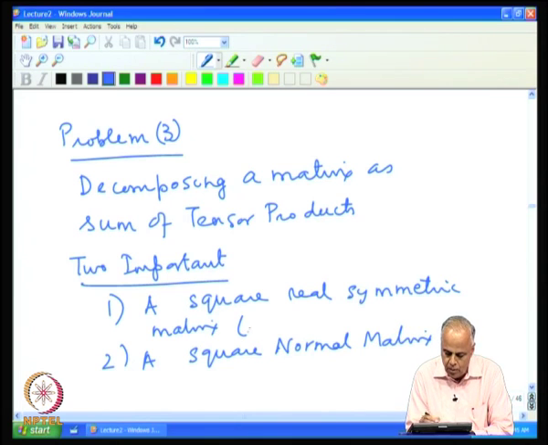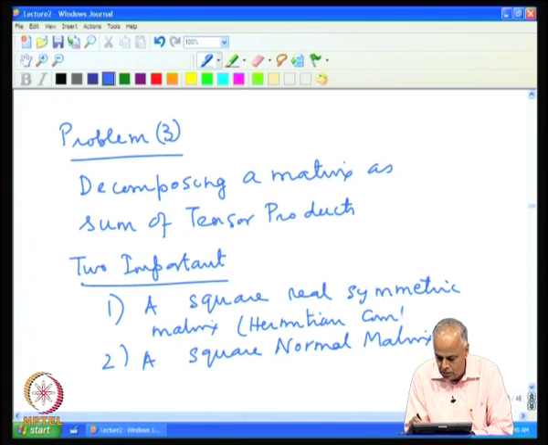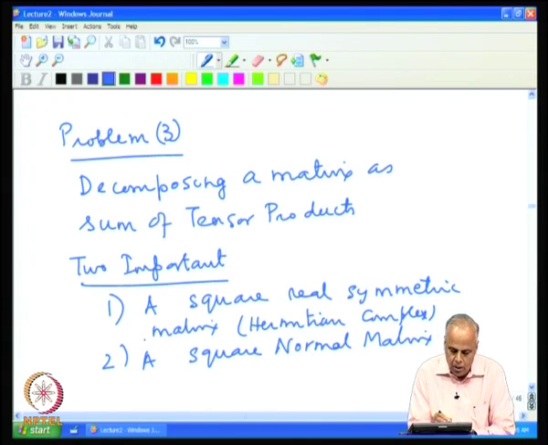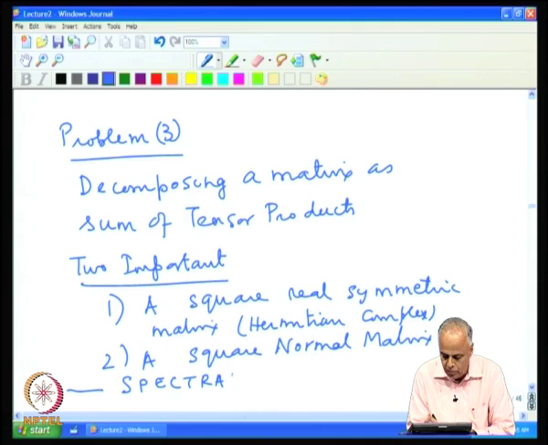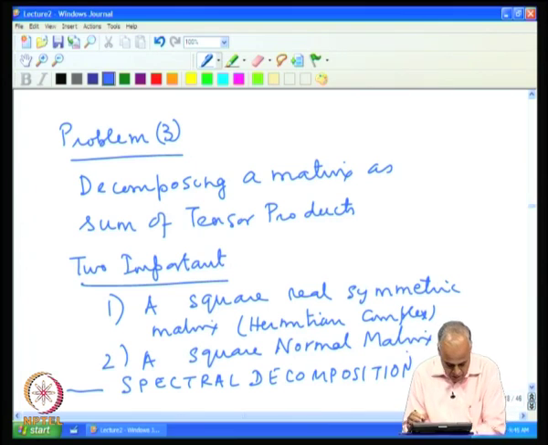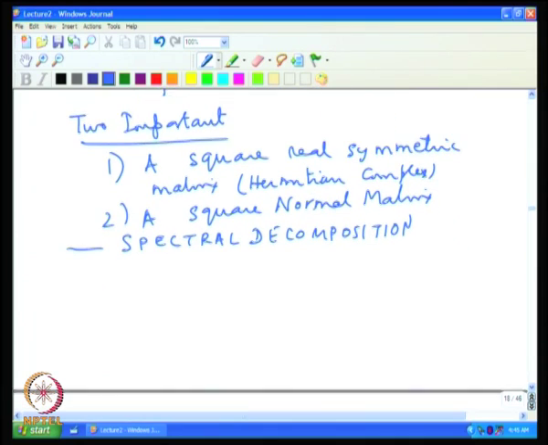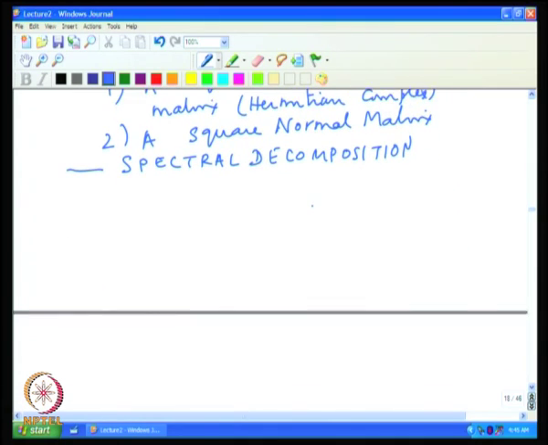In the case of complex, we should look at Hermitian complex matrix. This decomposition is what is known as the spectral decomposition for these matrices. As observed above, the eigenvalues and eigenvectors play a crucial role in all this analysis.